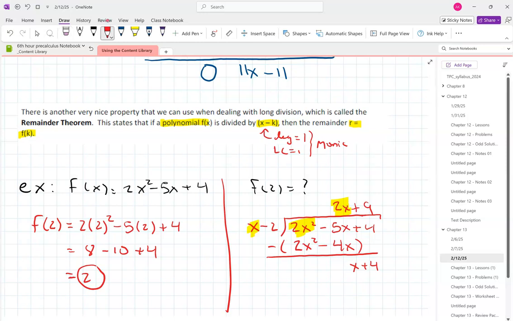Gives me negative 1x. Right, negative 5 plus 4. Look at how easy it is. Anyway, so I should have a negative 1 up there, and I go through, I have negative 1 plus 2. I subtract down, and I end up with 2.